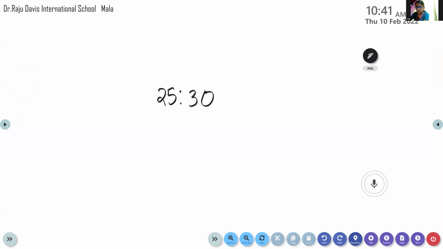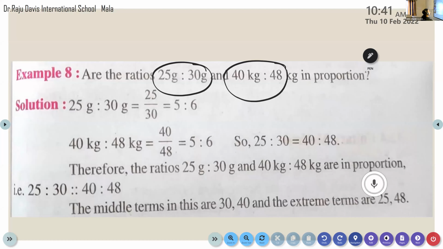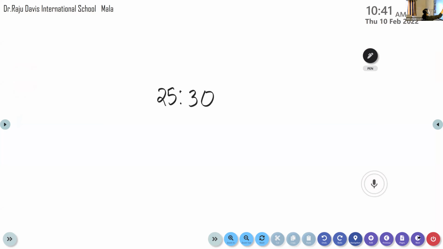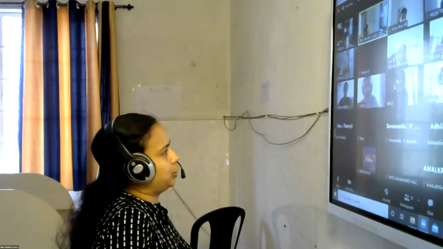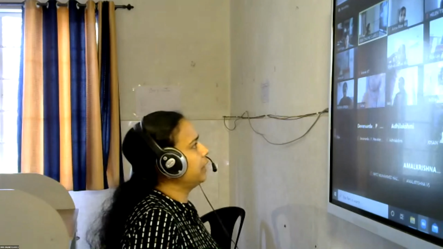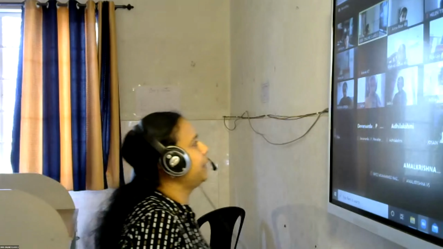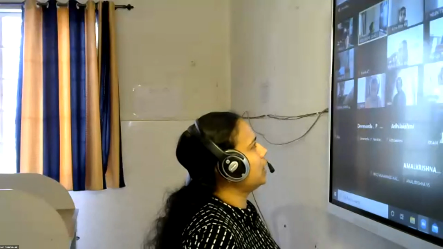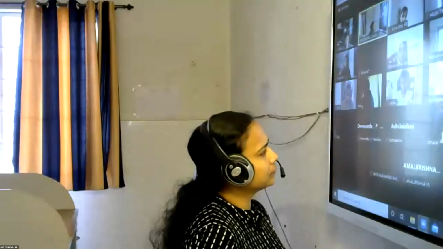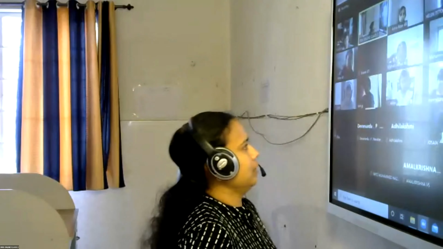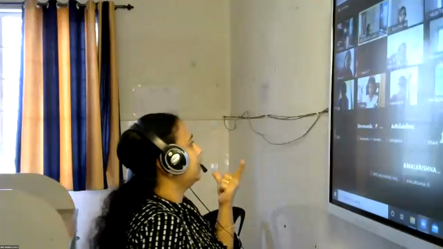What we have to do is check whether they are in proportion. If they are in proportion, these ratios should be equal. If they are equal, then only we can say they are in proportion.